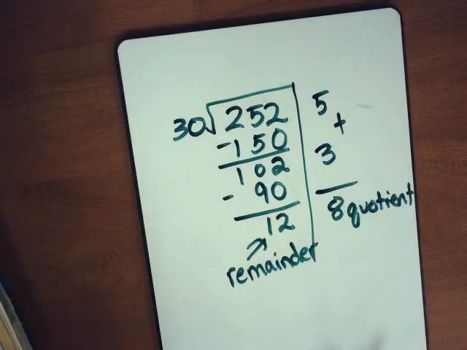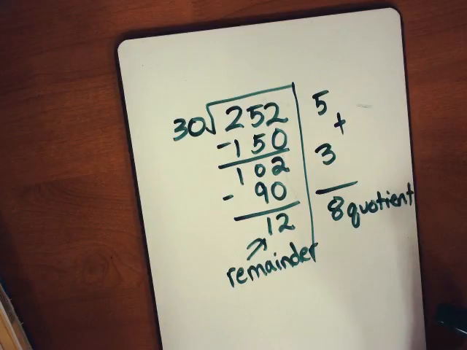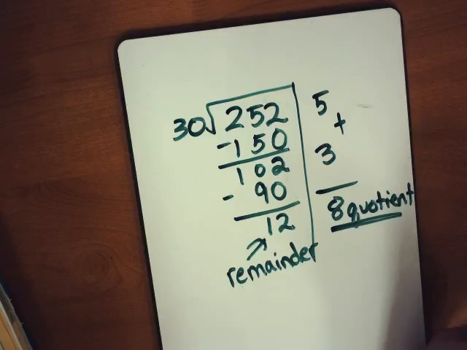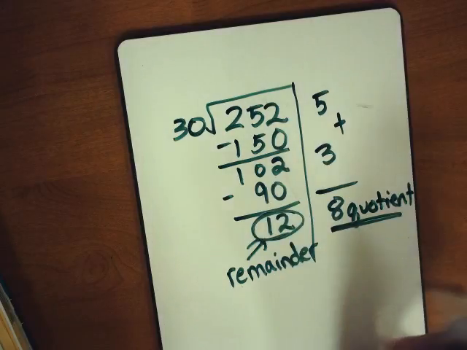Okay, so what does the quotient 8, remainder 12 mean? Well, students should expect that we got 8 runs right there, and that's 240 people. We need 252 people that could ride. So that leaves our 12 people left over.